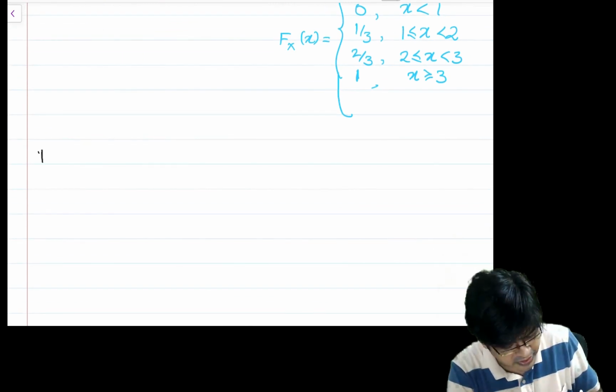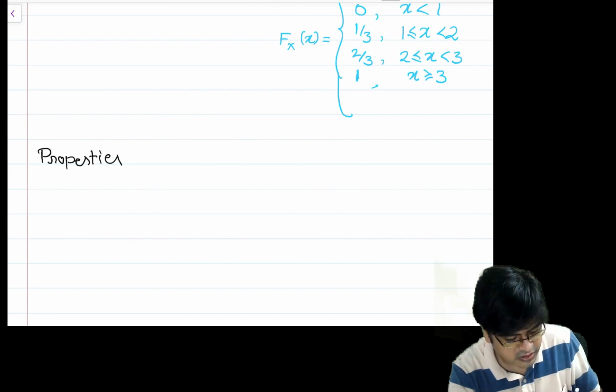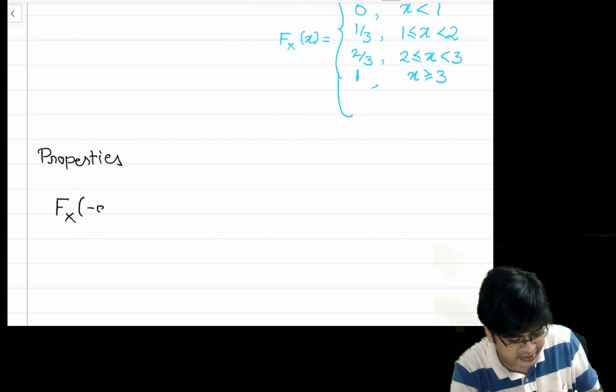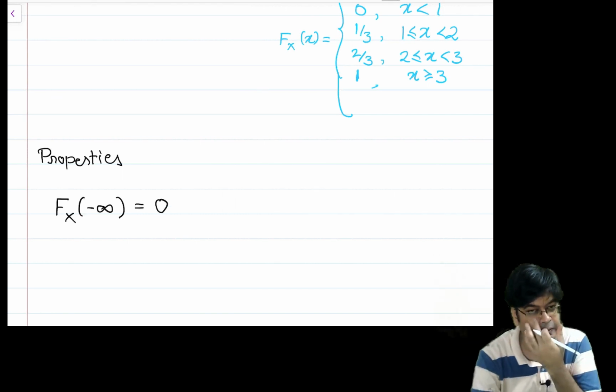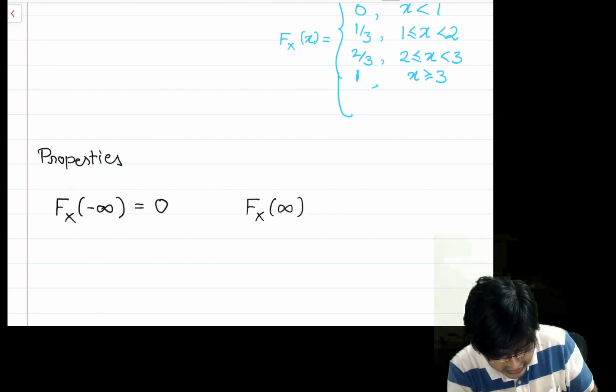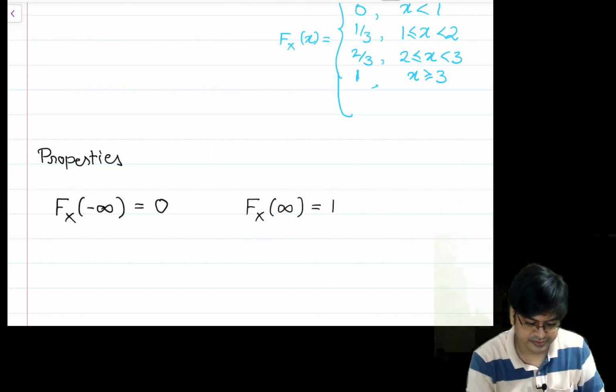Okay, so let us list those properties of CDF over here. So what are the properties? The first property is, because the CDF is defined over the entire real line, F_X of minus infinity should always be equal to 0. In a similar manner, you can ask the question, what is F_X of infinity? It should always be equal to 1.